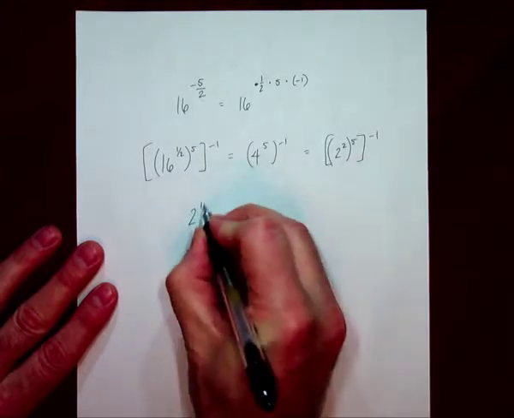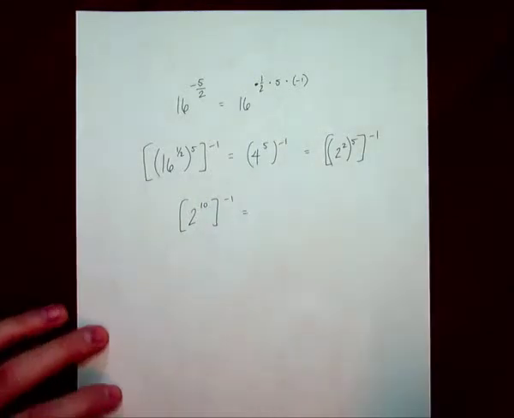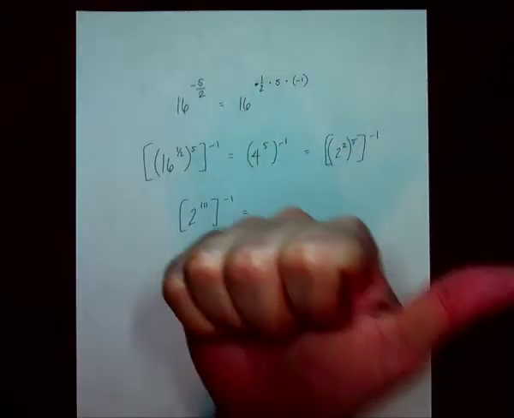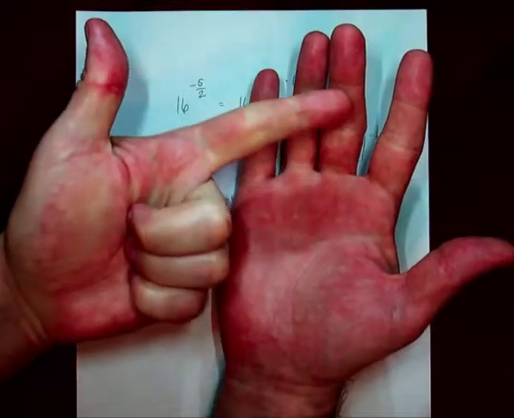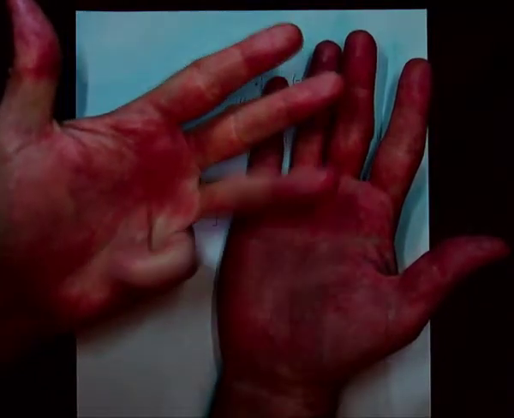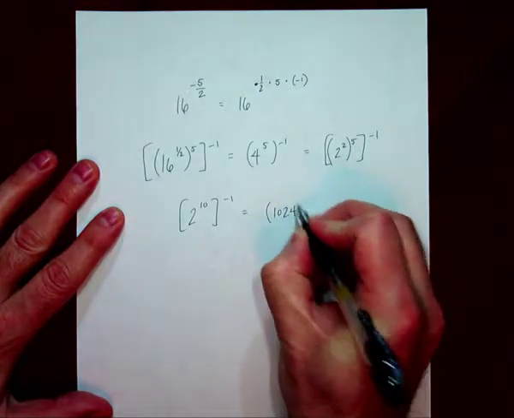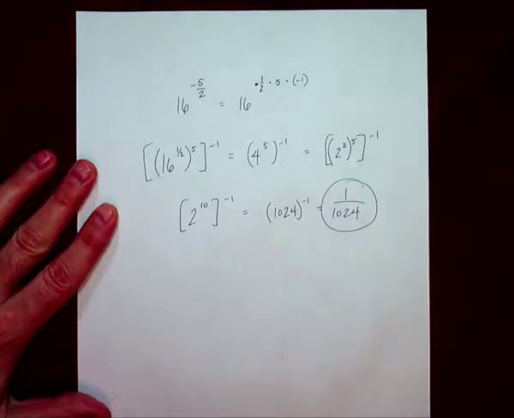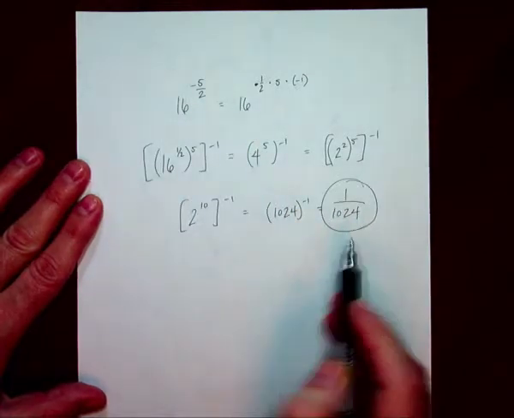Well, 2 to the 10th should be really easy for you, because all you got to do is take out your digits, right? 2, 4, 8, 16, 32, 64, 128, 256, 512, and then 1024. So that winds up being 1024 to the -1, or 1 over 1024, and that is the ultimate answer. That is basically this without the exponents involved.